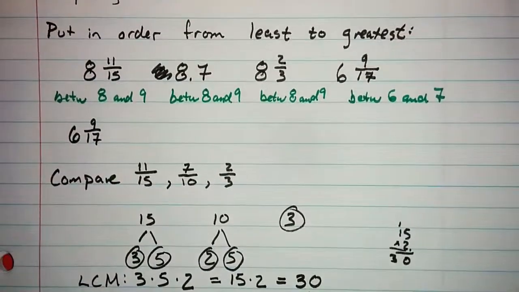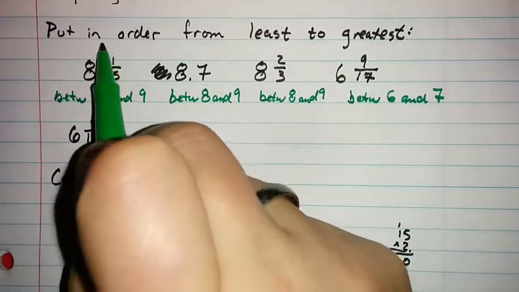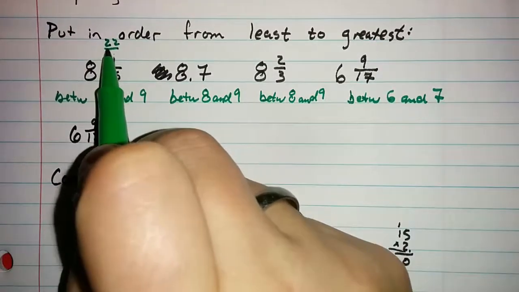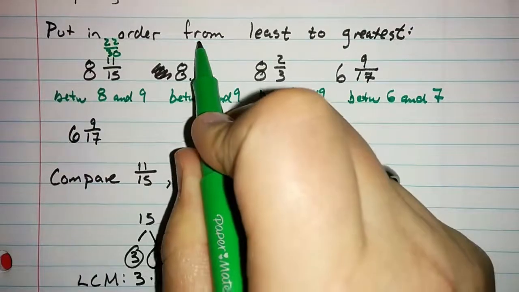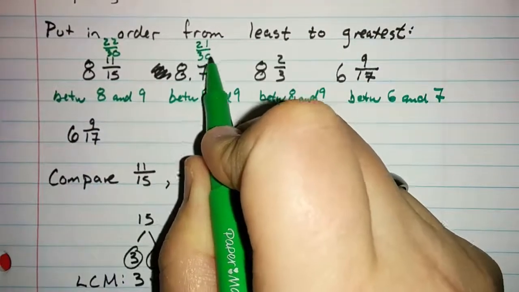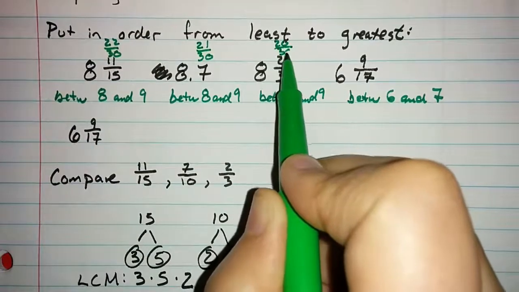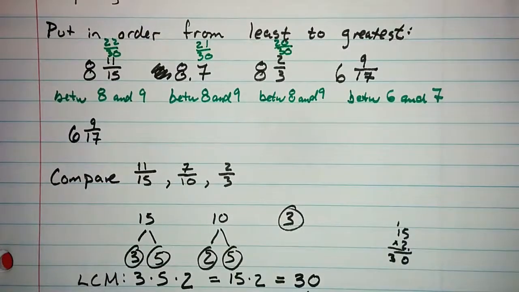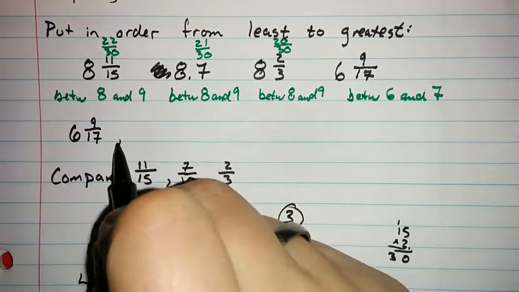All right. 11/15, that's 22/30. 0.7, that's 21/30. And 2/3, that's 20/30. Which fraction part is smallest? 20/30.